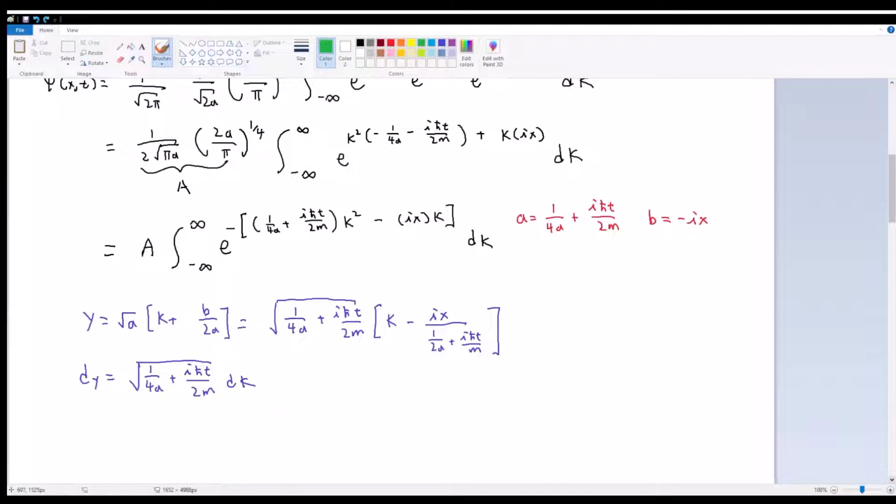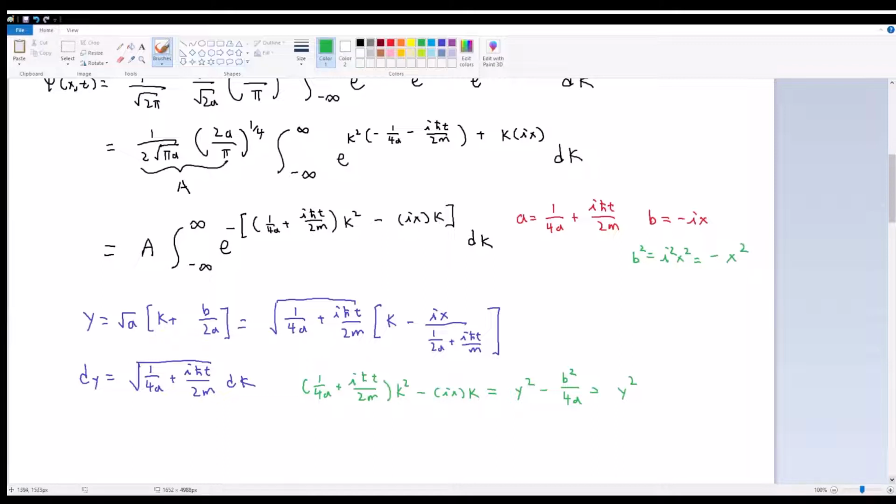So ax squared plus bx, which is 1 over 4a plus i h bar t over 2m times k squared minus ixk, can be rewritten as y squared minus b squared over 4a, or y squared, and then b squared is equal to i squared x squared, or just negative x squared.